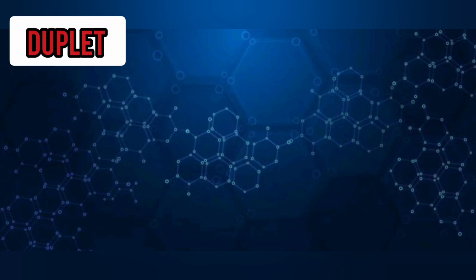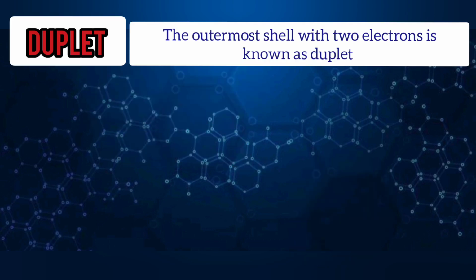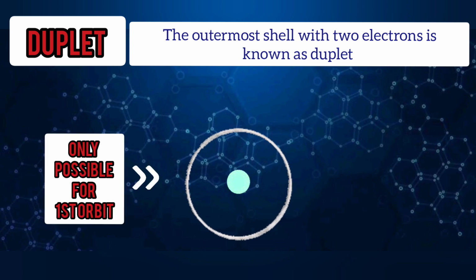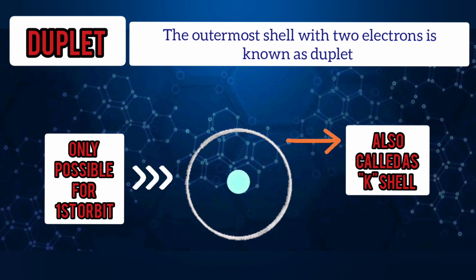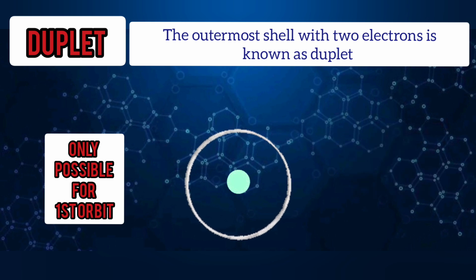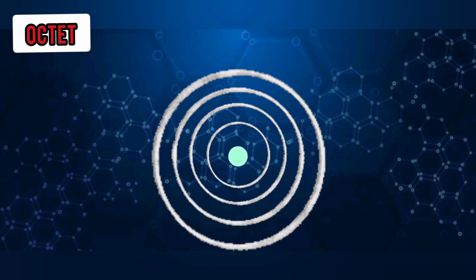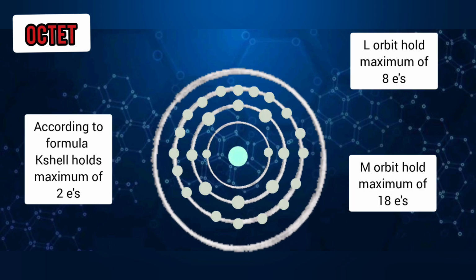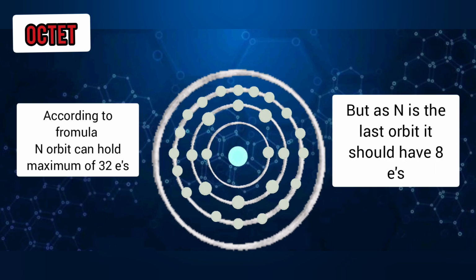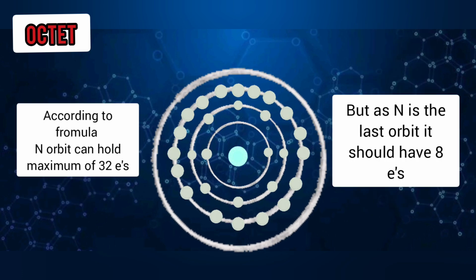The outermost shell with two electrons is known as duplet. A complete duplet is only possible for the first shell, which is the K shell. As we all know, the first shell can hold a maximum of two electrons and hence it is called as duplet. And for the rest of the shells, which is L, M, N and so on, if it is the last orbit or the outermost orbit, it should have 8 electrons.